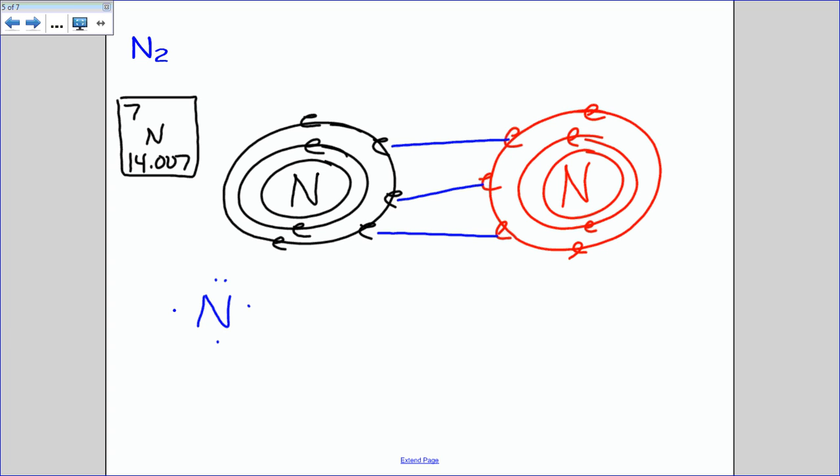I like to show it this way because guess what? Pretty soon we're going to throw all of that other stuff out, as far as the energy levels and drawing all that. We won't have to do that. And pretty soon we're just going to do this. Remember that?